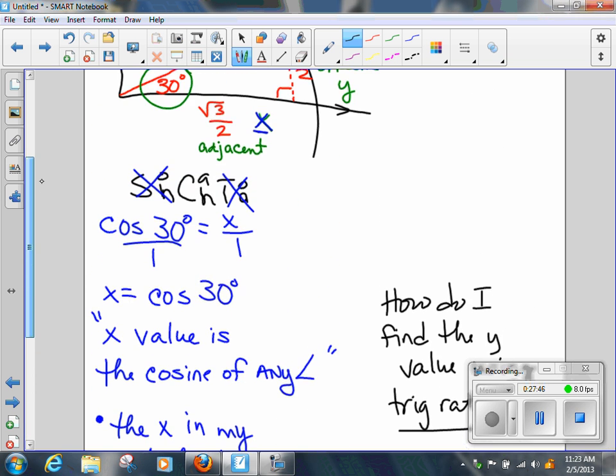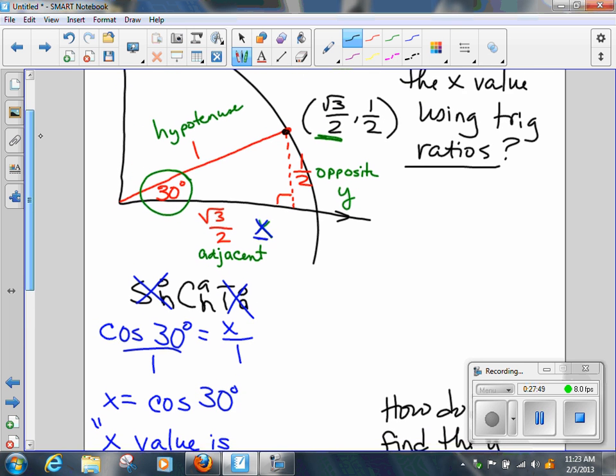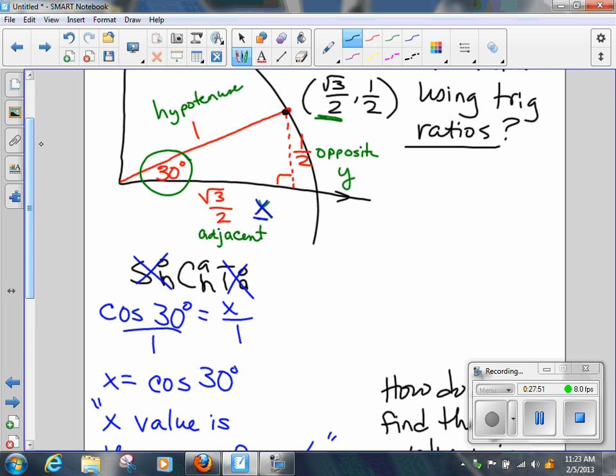Look up here. How do you find the Y value using trig ratios? If I want to find my Y, my vertical distance right here, then I don't need my X, do I? And then look what I would have. Cover up the X. That would leave me with the opposite and the hypotenuse.